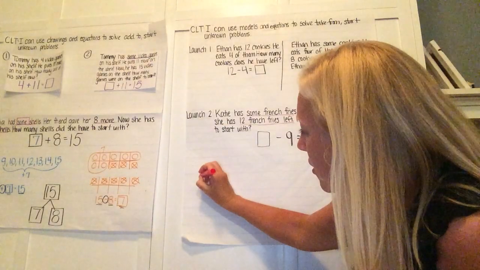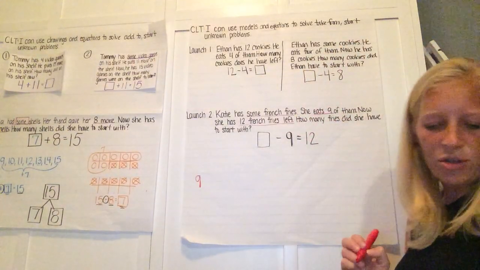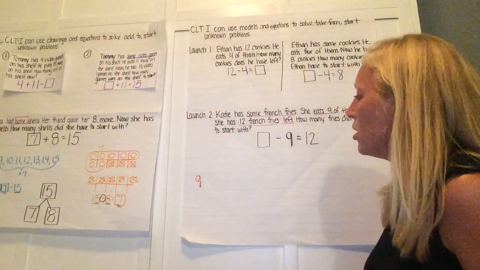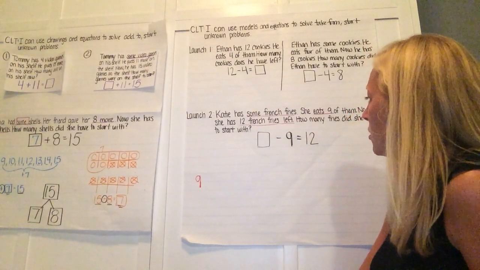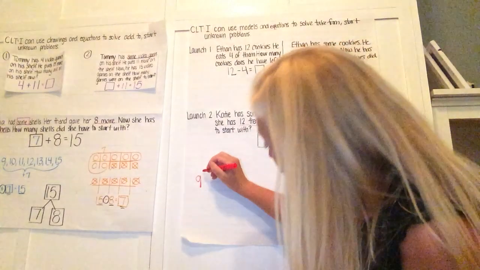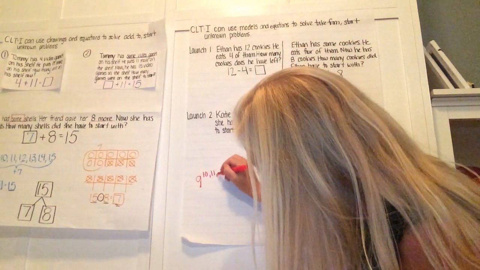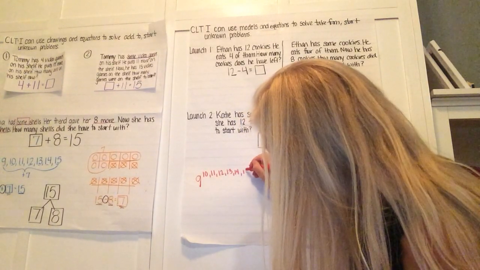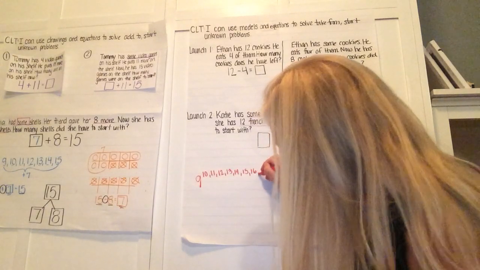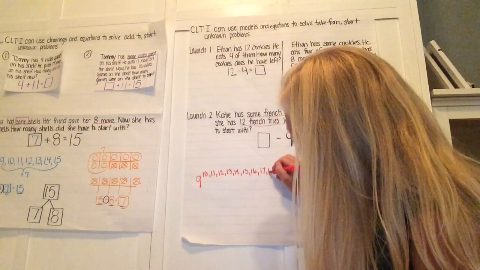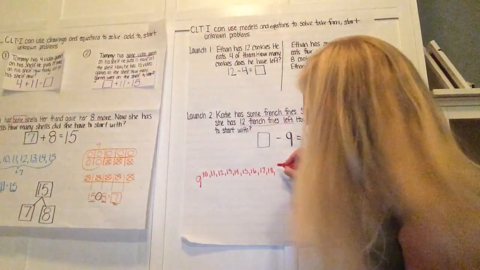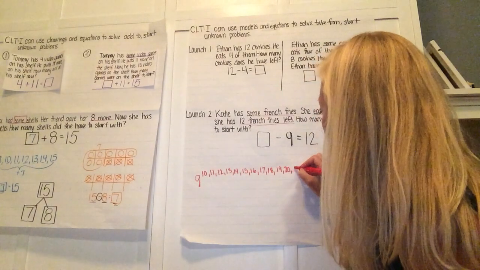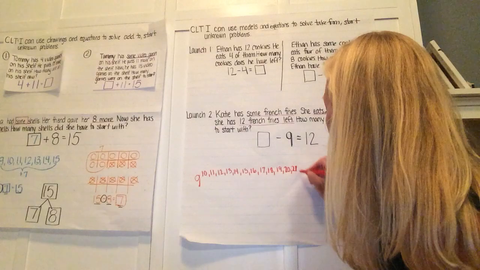Started with 9. And what did you do after that? Counted on, okay? And what did you count on to? 12 more, okay. 2, 3, 4, 5, 6, 7, 8, 9, 10, 11, and 12.